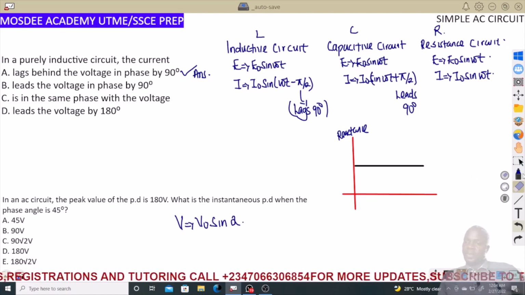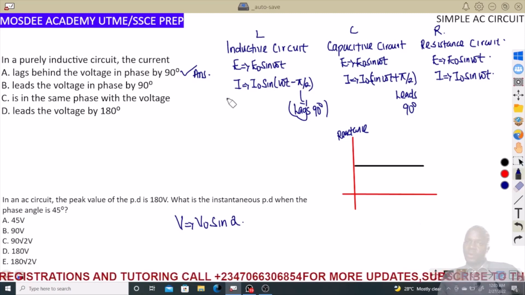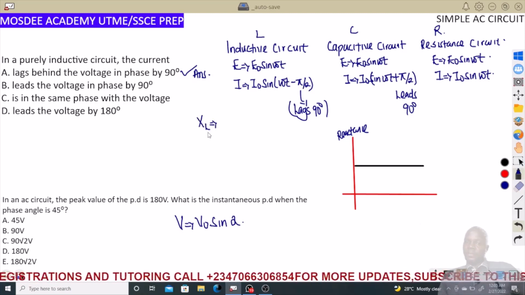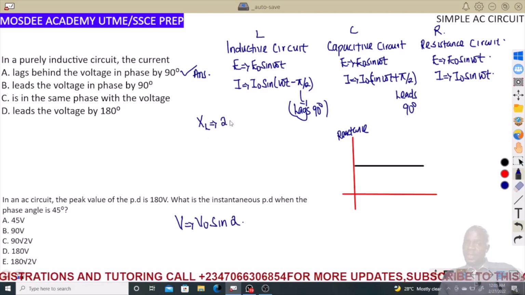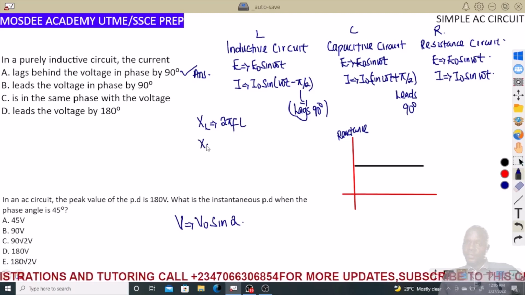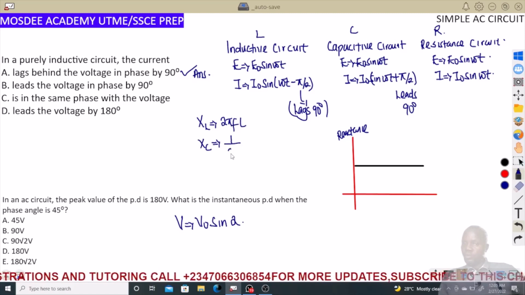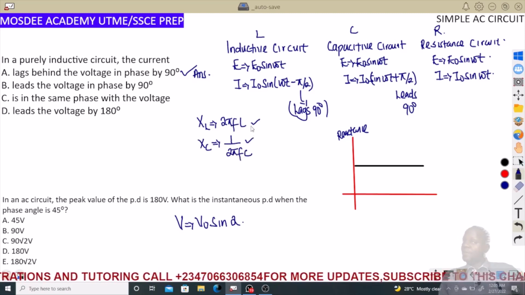Now, like I said, remember I told you here it's lagging, and because of that, we write XL. The formula for that, the inductive reactance, is omega L. I write it the way you are used to writing it, 2 pi f L, and omega C. XC is 1 over 2 pi f C, which is the basic formula you have learned in your earlier classes.